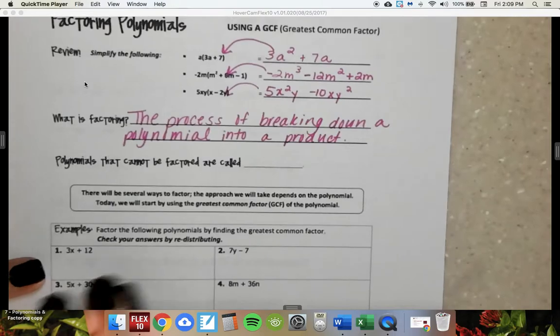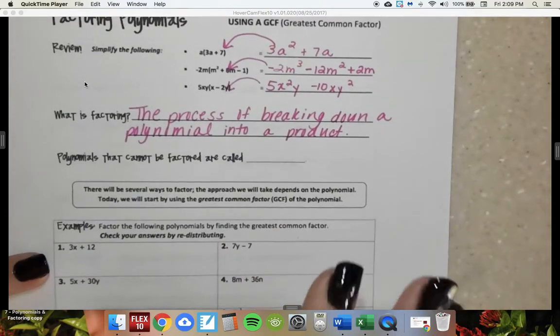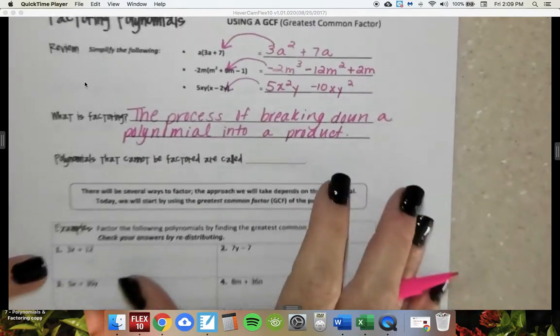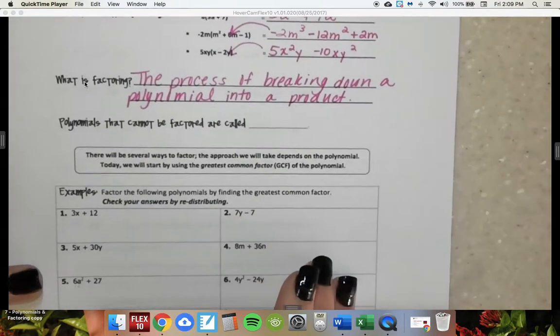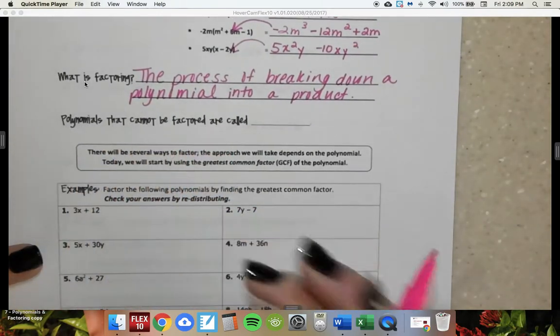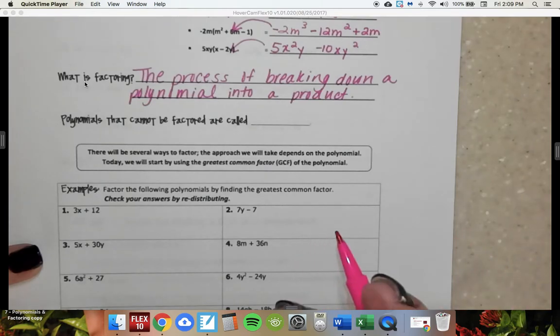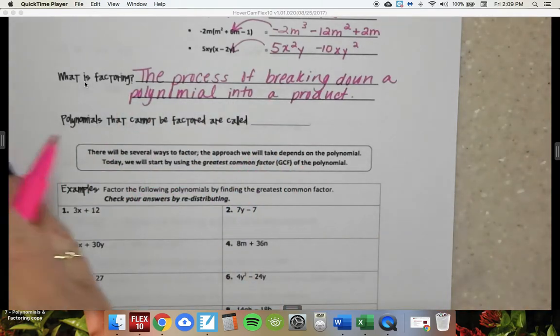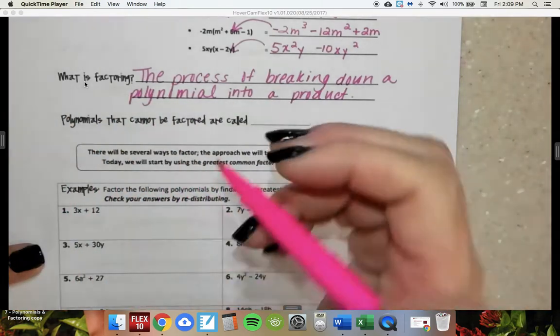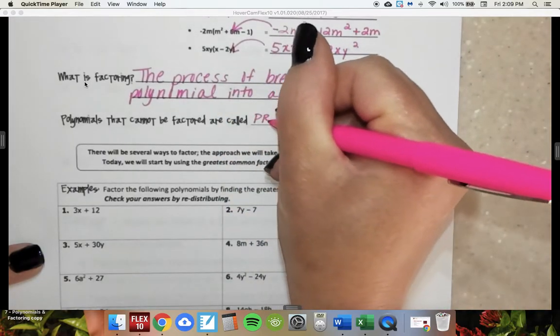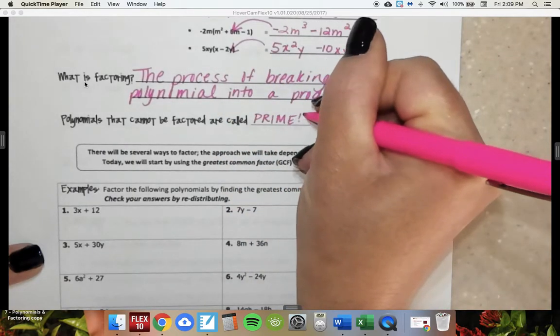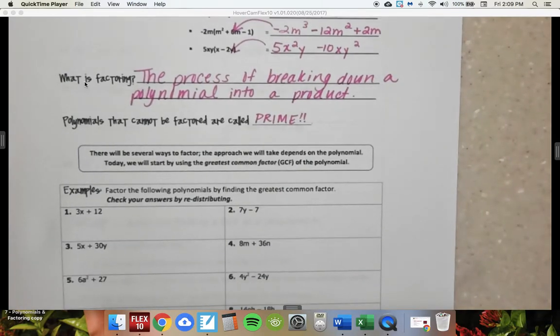You're going to hear me say, what can you factor out? Now, sometimes you'll see a polynomial that cannot be broken down. There's nothing that can factor out. There's nothing you can take out of all the terms. That is called prime. Those don't happen very often, but they are out there. They do exist.